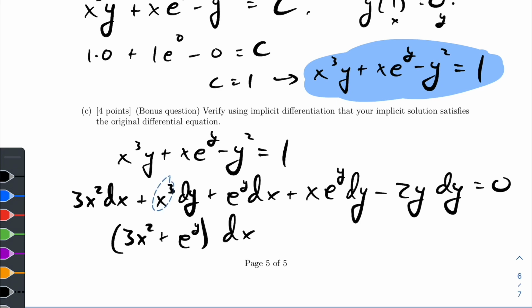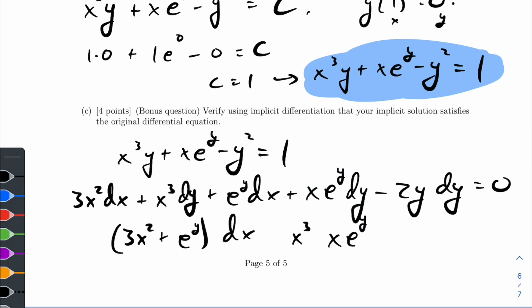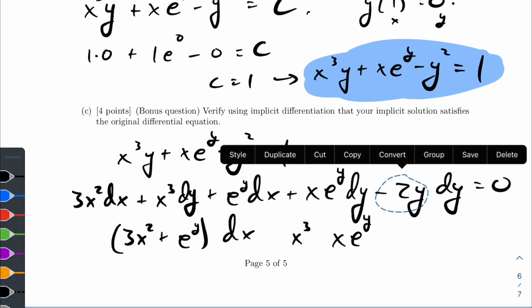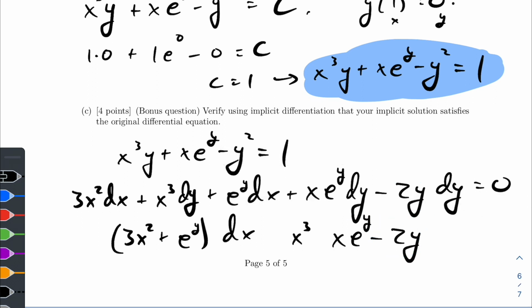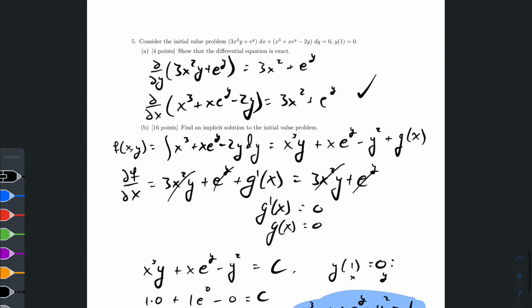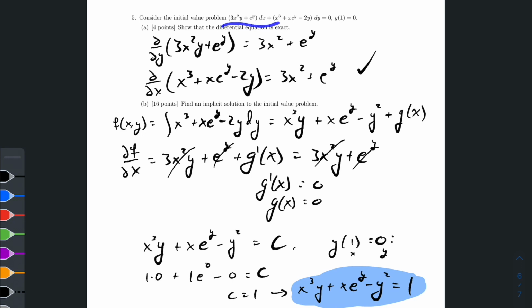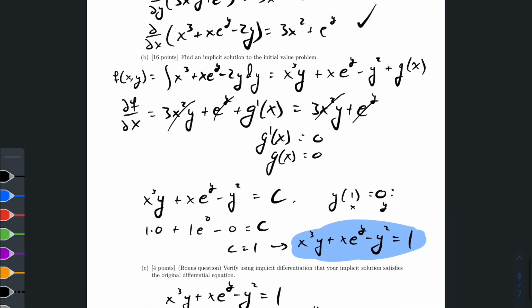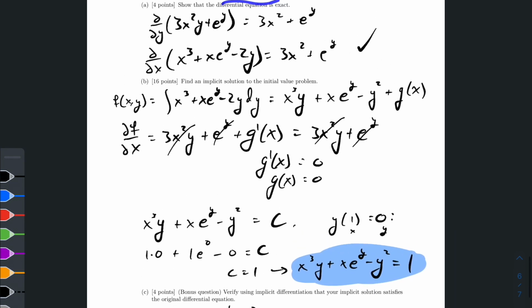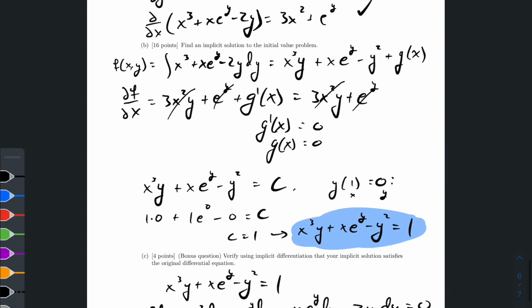And then dy terms, I get x cubed plus x e to the y minus 2y dy. And what is our original differential equation? It's 3x squared plus e to the y dx, and x cubed plus x e to the y minus 2y dy, equals 0.